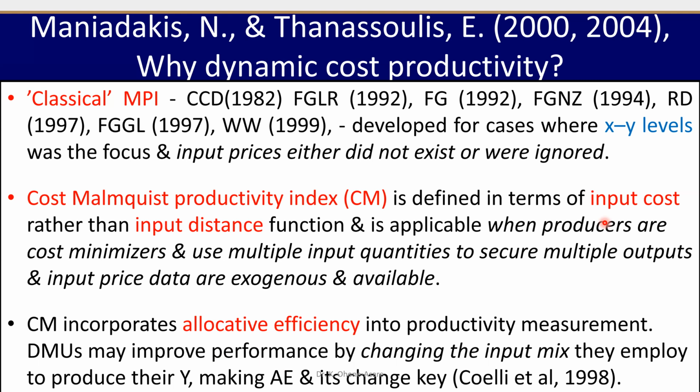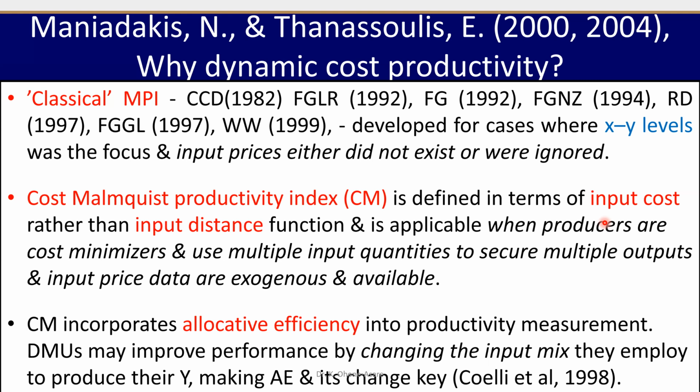Because allocative efficiency, as we got to know the last time, is that after you have determined your technical efficiency, that is, having been able to reduce your input, which is input technical efficiency, you now go ahead to mix those inputs in an effective allocative way.